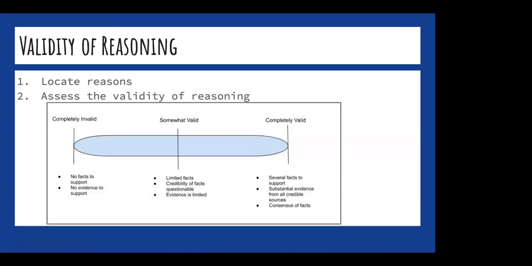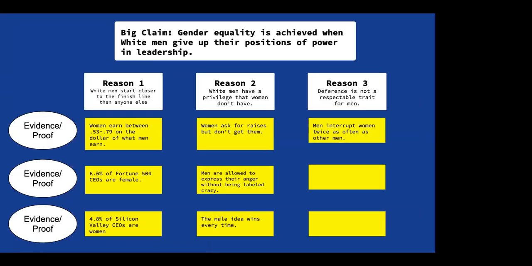We want you to go back right now and look at some of the reasons that you identified and decide, are some of your reasons not valid, judging by this little rubric we have here? Are there facts to support? Is there evidence to support your reasons? And if not, then that's not a valid reason.